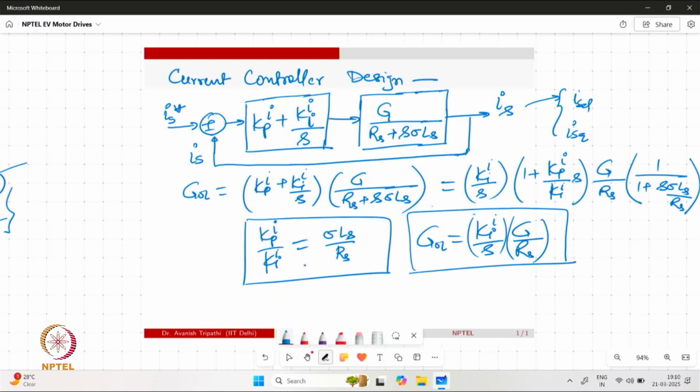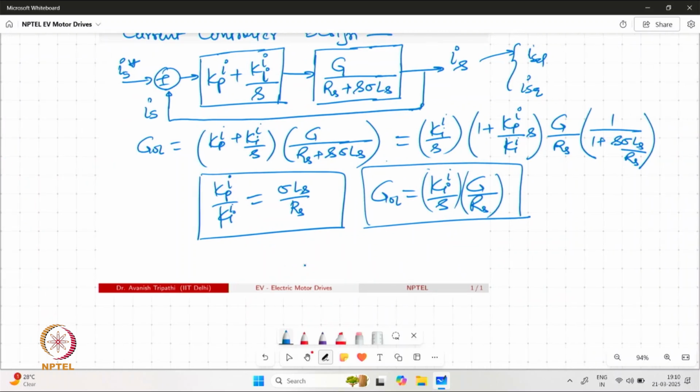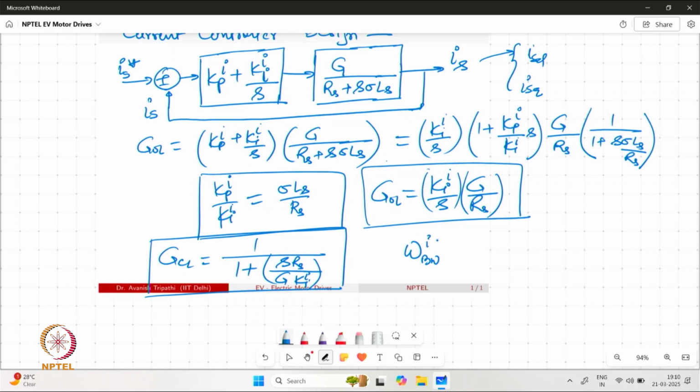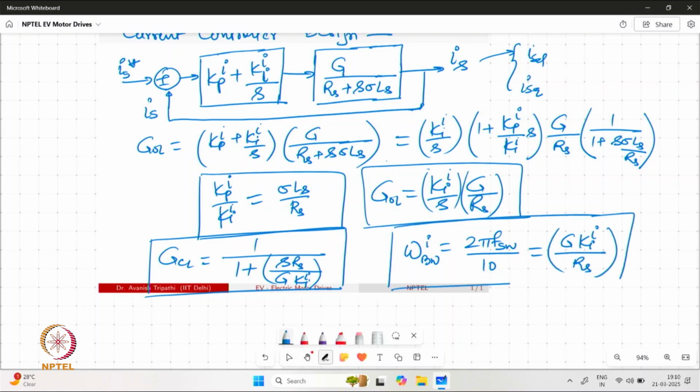We can write the rest of the transfer function as now. Since we have taken a value for the bandwidth of the current control loop, we can write the closed loop transfer function of the current control loop in this manner, and the bandwidth for the current control loop, which is equal to 2 pi fsw by 10, and from the expression we can equate, and thus we can determine the value of Ki from here, and then from this equation the value of Kpi.